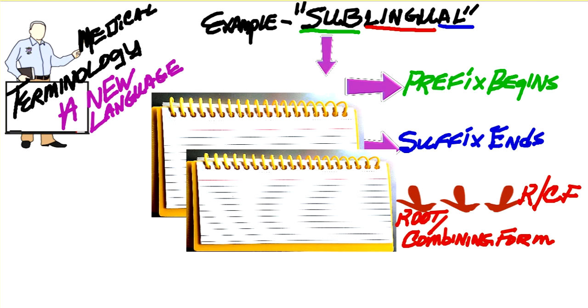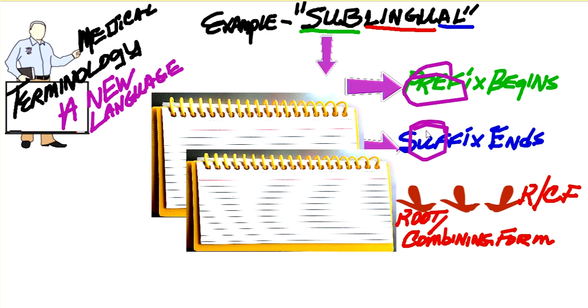We really need something between them, like a root or a combining form or a vowel, something to bring the two pieces together. That's what we're talking about when we're talking about the prefix here. We want this prefix to be the top part of our sandwich, and we want the suffix down here to be the bottom part.